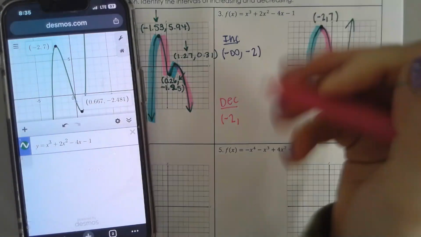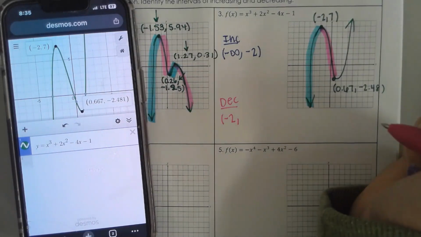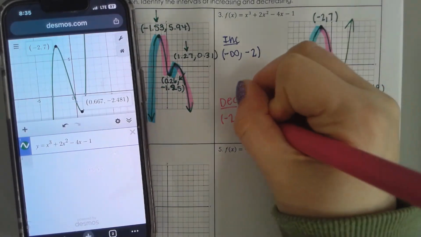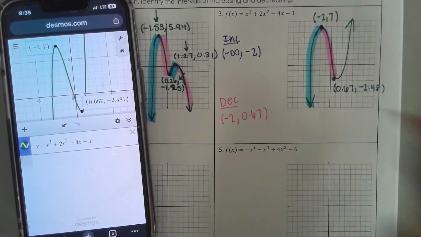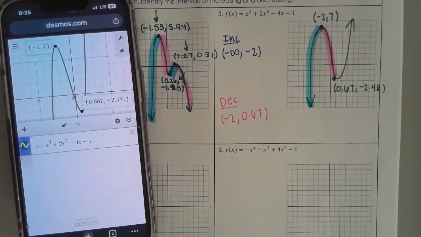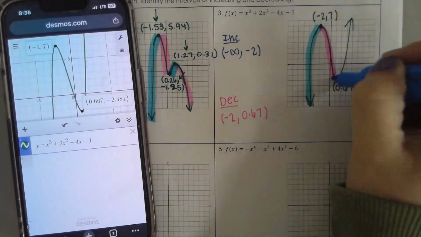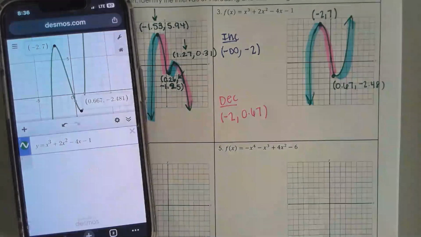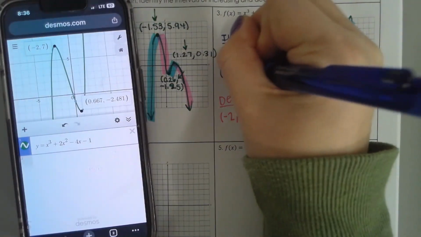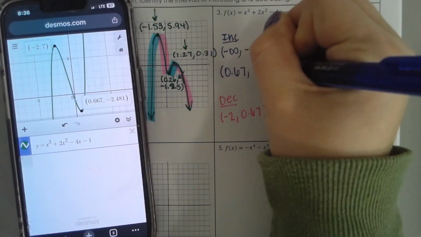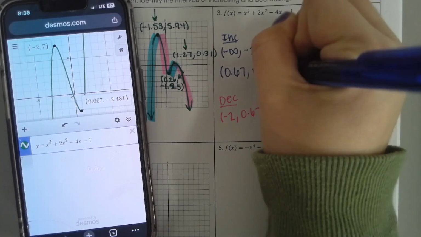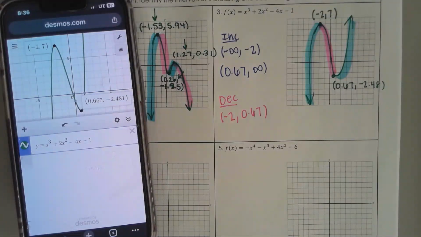And then I stop where? 0.67. Good. And then I go back up from 0.67 to infinity. Your first interval should start at negative infinity.